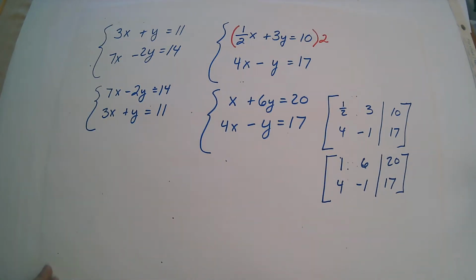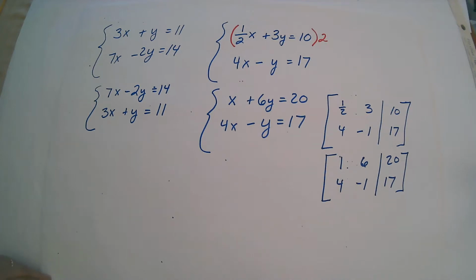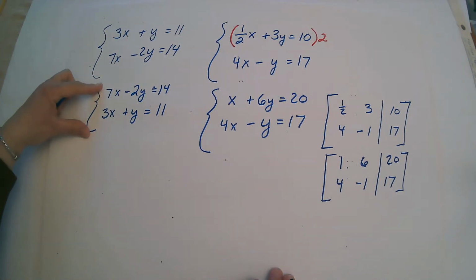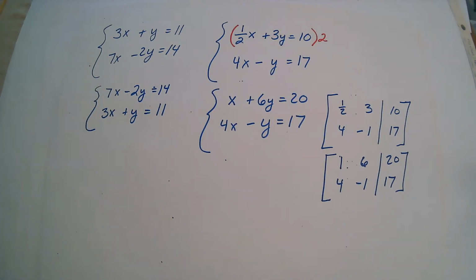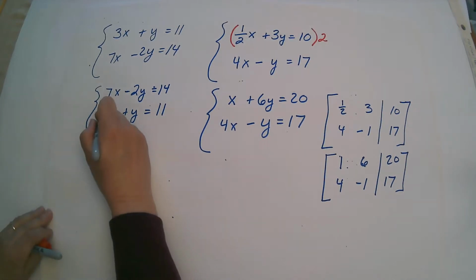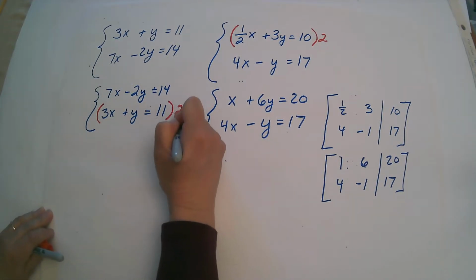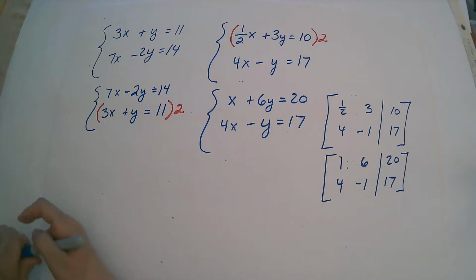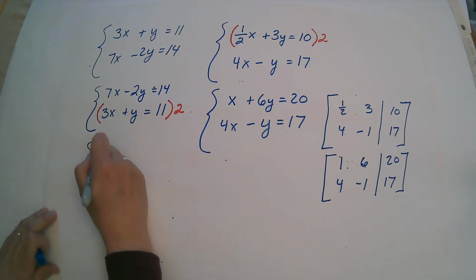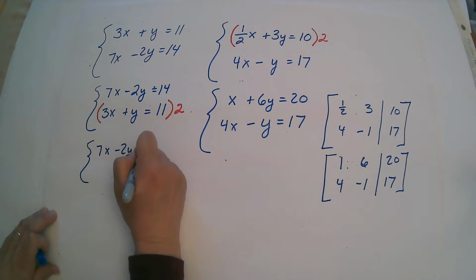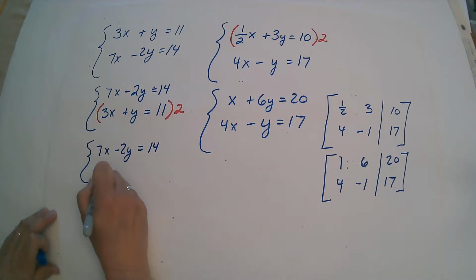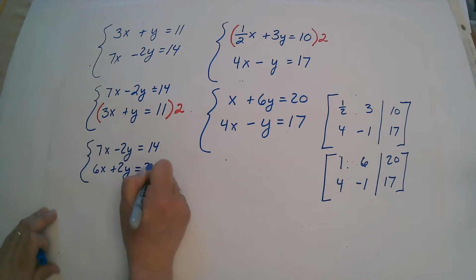And let me address the third and final elementary row operation. That is multiplying a row by a number and adding it to another row. We do that all the time as well. Let me come back to this system. Suppose you were going to solve this system using elimination. You could multiply this equation right here by 2 and create this system. 7x minus 2y equals 14 and 6x plus 2y equals 22.